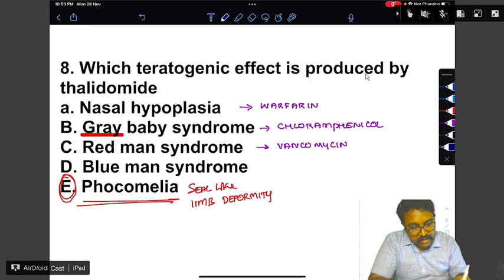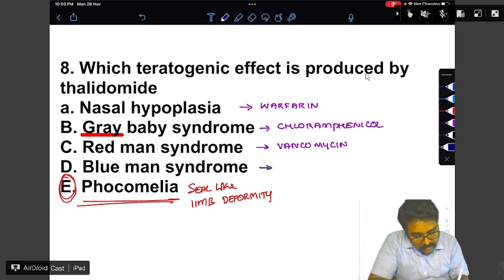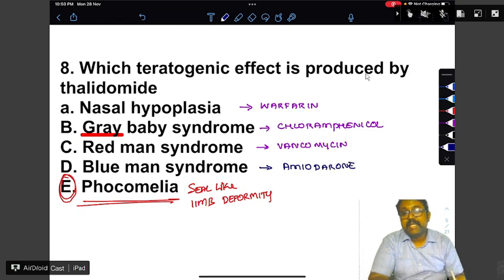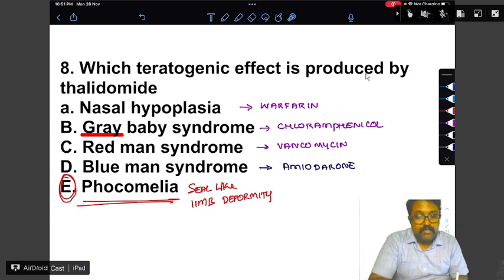And please remember Blumen syndrome is caused by amiodarone. So phocomelia is caused by thalidomide. Nasal hypoplasia is caused by warfarin. Gray baby syndrome is caused by chloramphenicol. Redman syndrome is caused by vancomycin. And Blumen syndrome is caused by amiodarone.